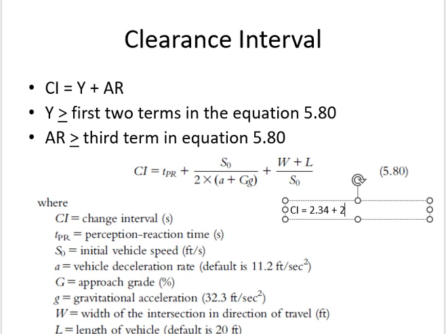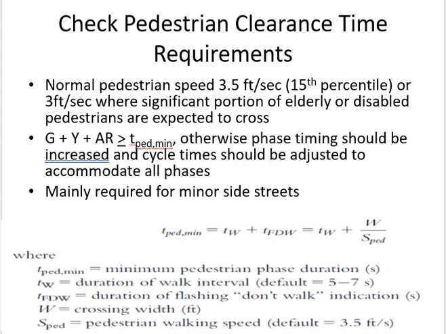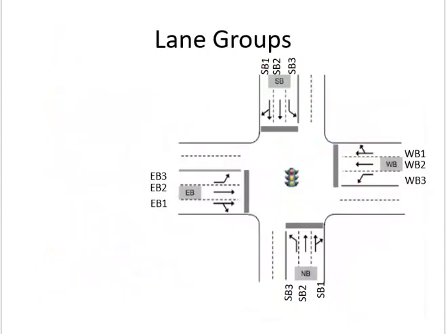We are dealing with yellow right now. So 2.34 seconds of yellow, and then we need the all red as well, which is 2. So this will help me to calculate green time.